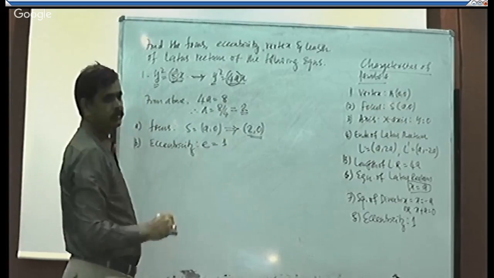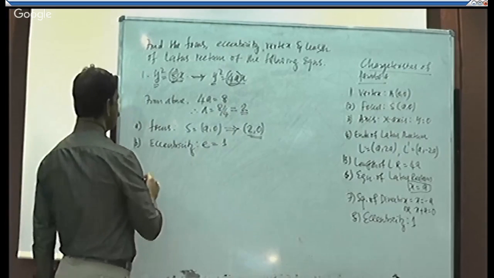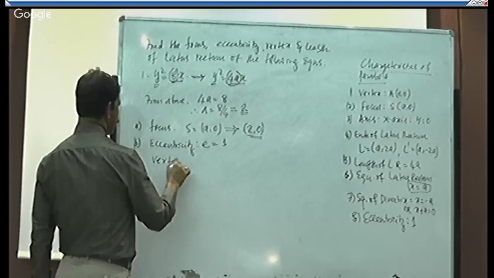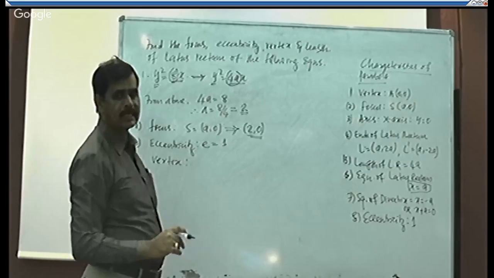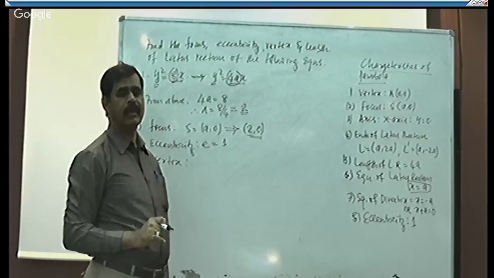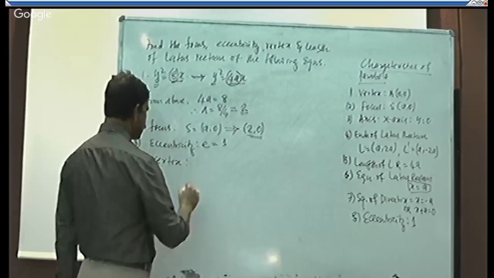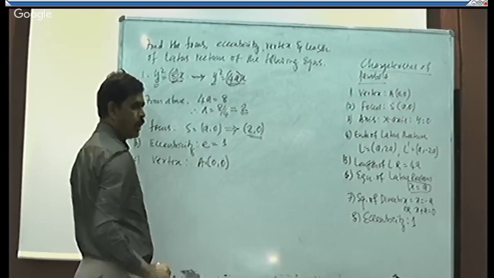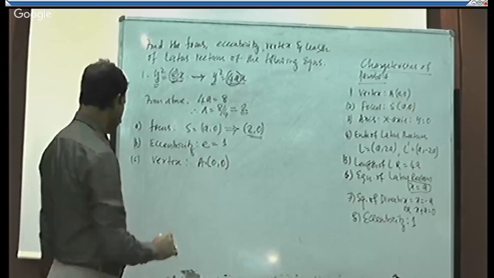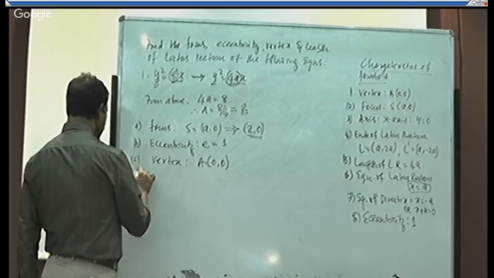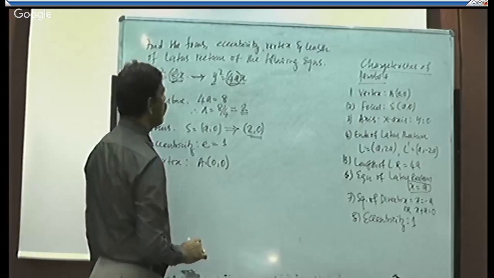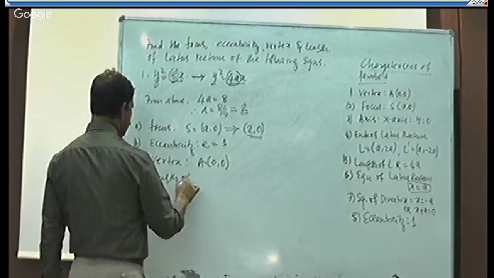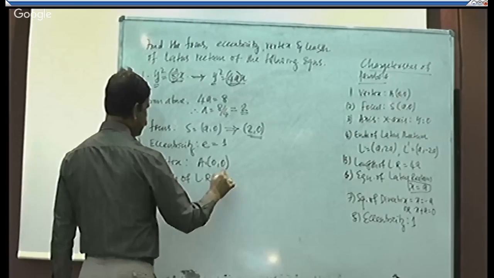You write it directly. Then we have to write the vertex. For a parabola with the x-axis taken as its axis, what is the vertex? The origin is the vertex, (0, 0). Right? Next is the length of latus rectum.